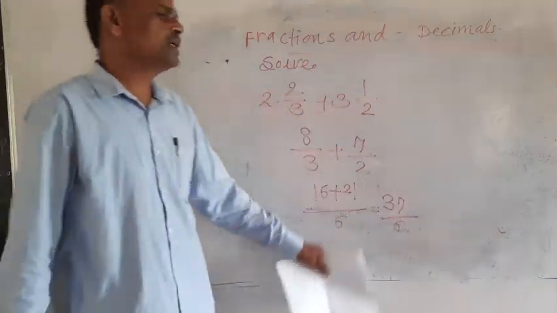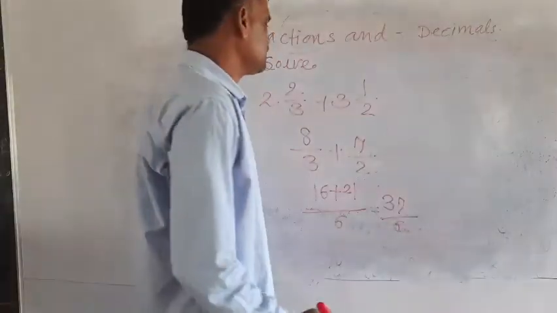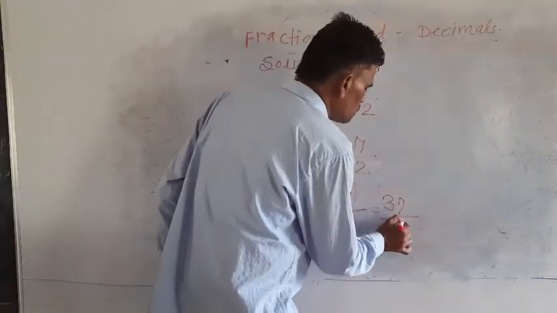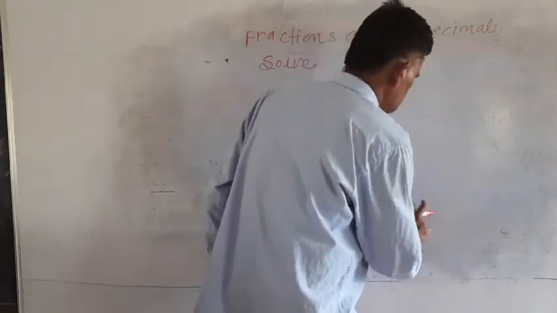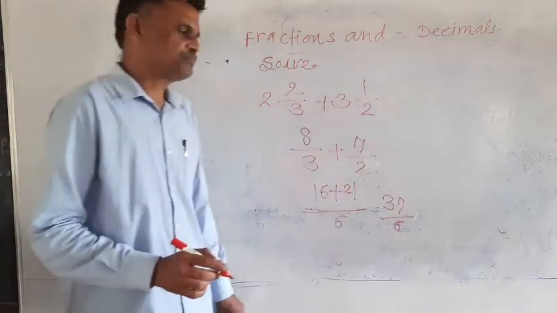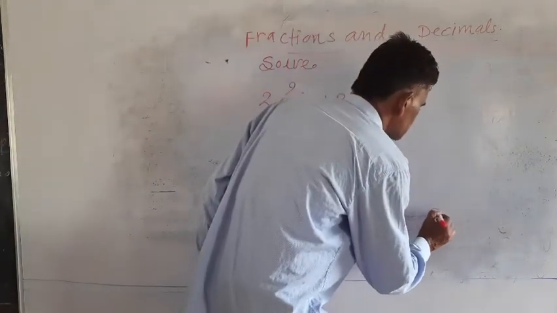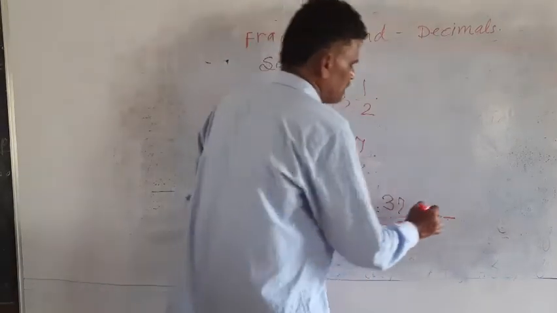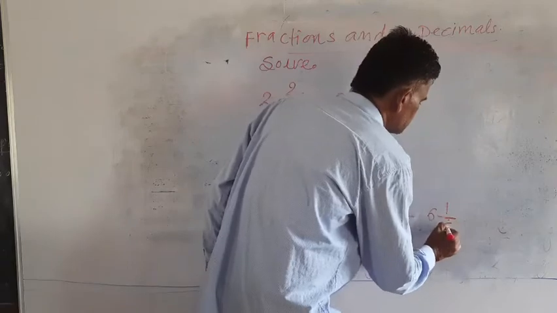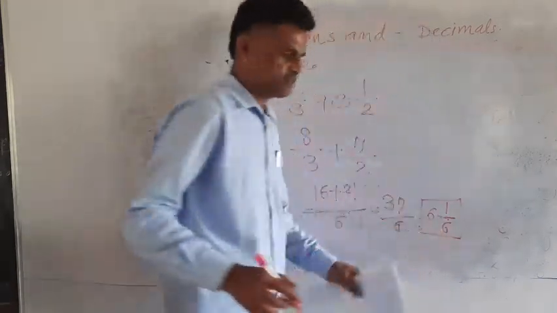We get here an improper fraction and that can be converted into mixed form. 6 sixes are 36 and 1 by 6, so 6 1/6 is our correct answer.